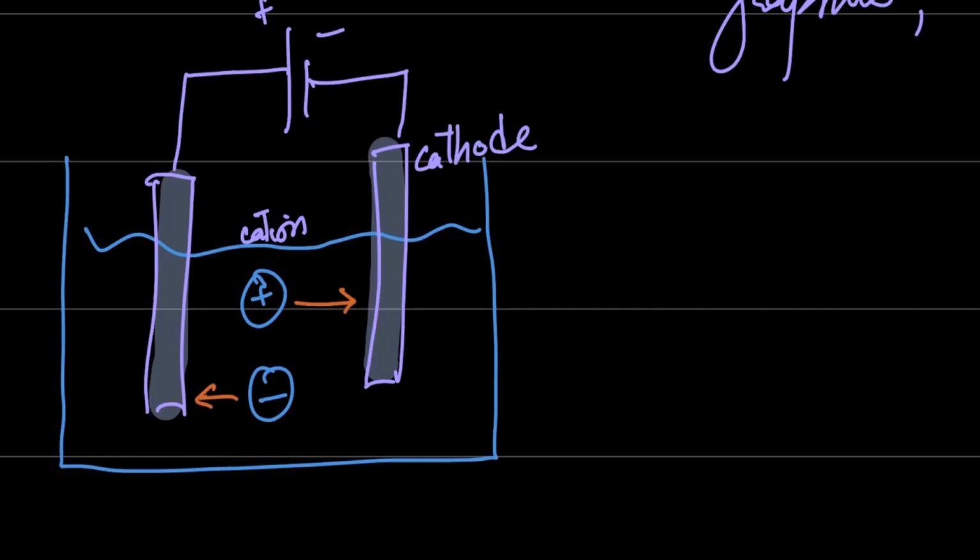So positive ion is cation, and wherever cation goes, that is cathode. Negative ion is anion, and wherever it goes, that's called anode. So cathode is where cation comes, and anode is where anion comes.